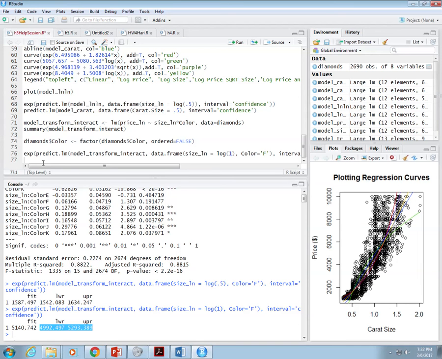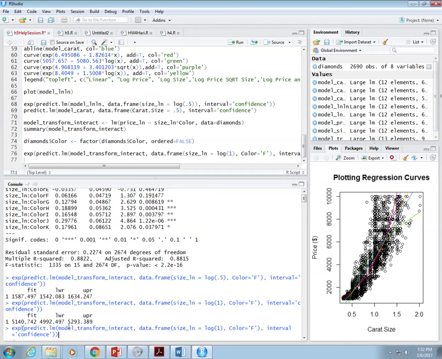Yep. So we would do the same thing with the prediction interval, except just put down interval prediction. Exactly. So I can just do the same thing and then prediction for the prediction interval.